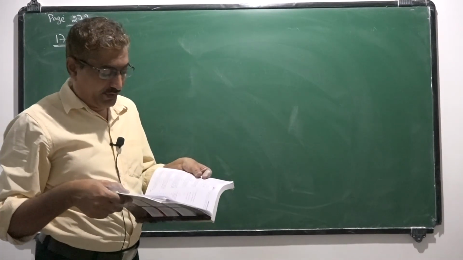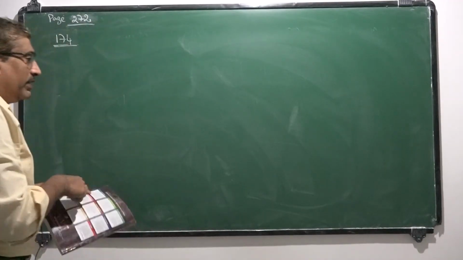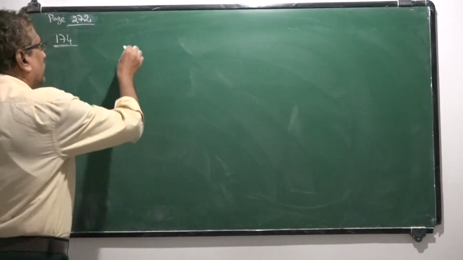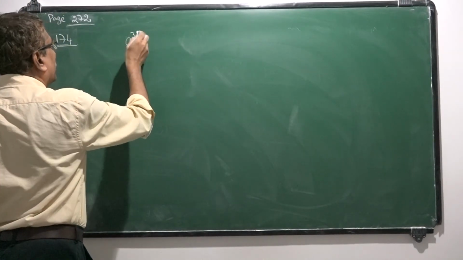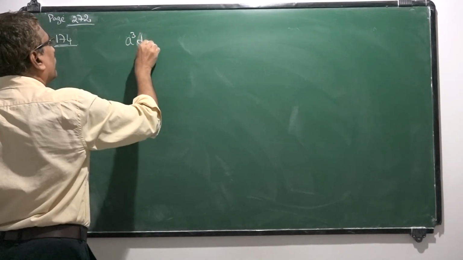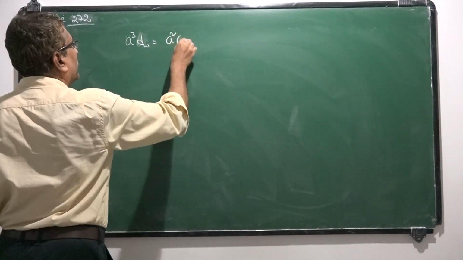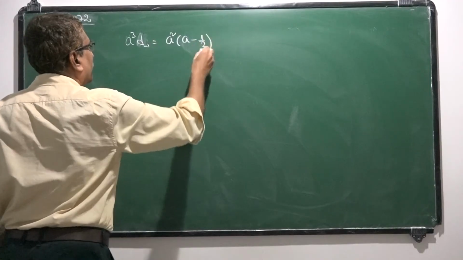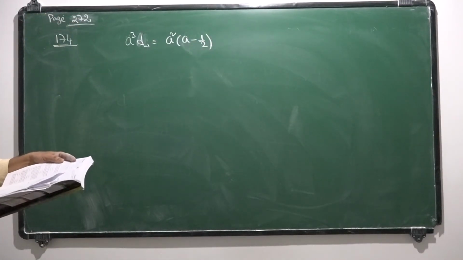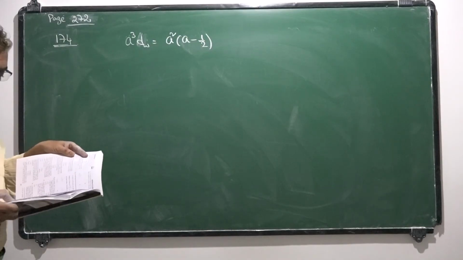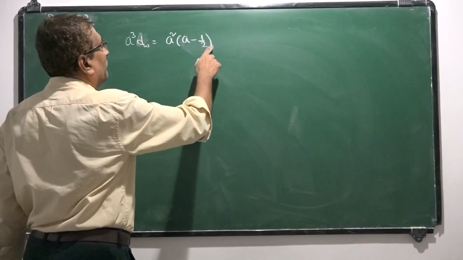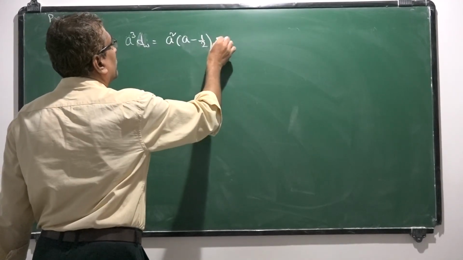Okay. That means when there is no weight on that particular wooden cube, A cube into density of wood is equal to A square into A minus half centimeter is submerged, into density of water.